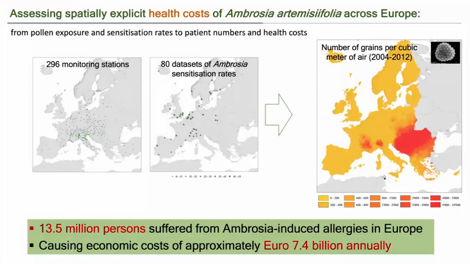Then this could help us estimate how many people actually suffer from Ambrosia-induced allergies in Europe. Again, this can easily be transferred to real money numbers. This will definitely make it easy for people to understand the impact of Ambrosia artemisiifolia. And this is only the health cost, which is about 7.4 billion annually in Europe.